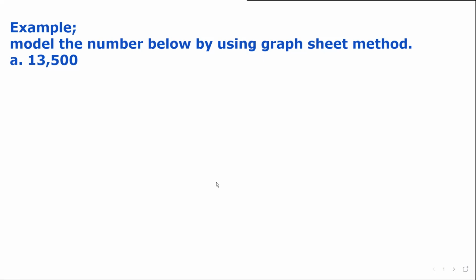So be careful in choosing your square, because the square that we use is from a deep line to a faint line, or from a faint line to a deep line. Okay, small square on your graph sheet, not from a deep line to deep line. That square is too big. So be mindful of choosing your square.